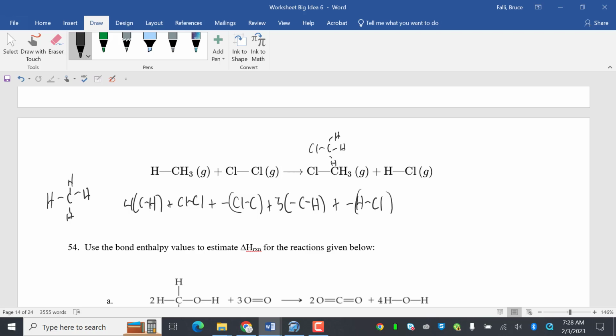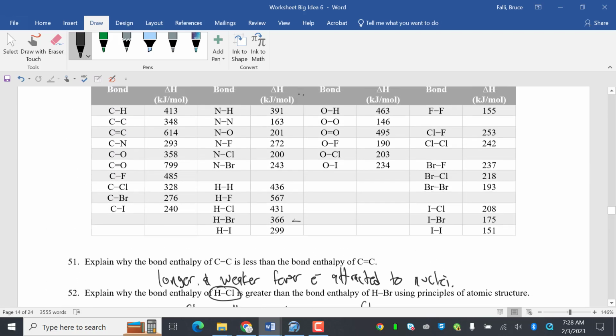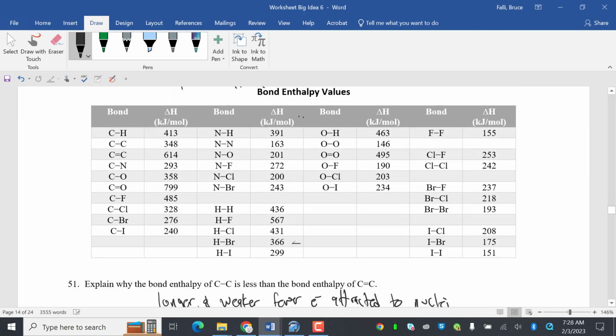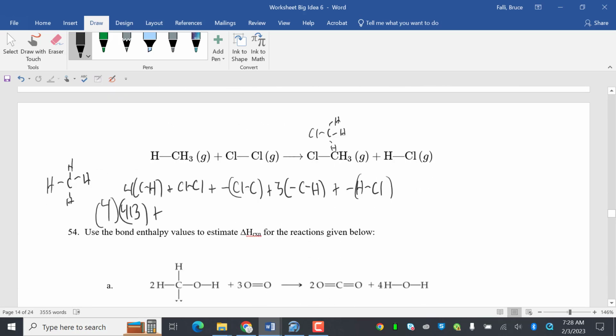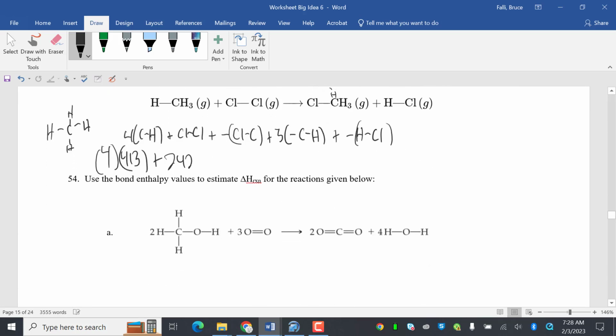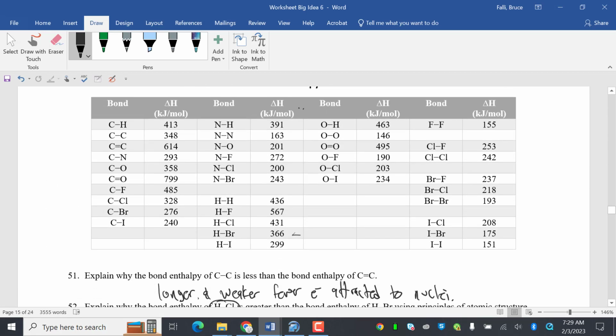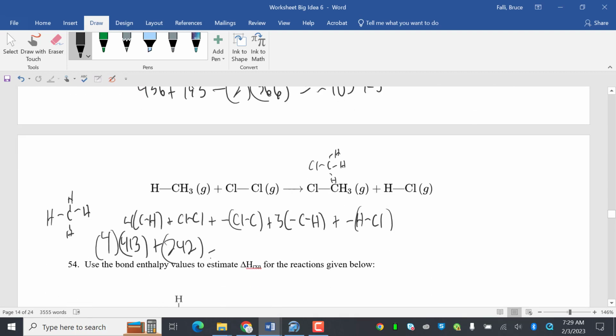All right, so let's hop back up here. C to H, 413. So 4 times 413 plus Cl to Cl, 242, plus negative C to Cl, negative 328. So minus 328, plus, and put the minus here, 3 times C to H, that was 413.